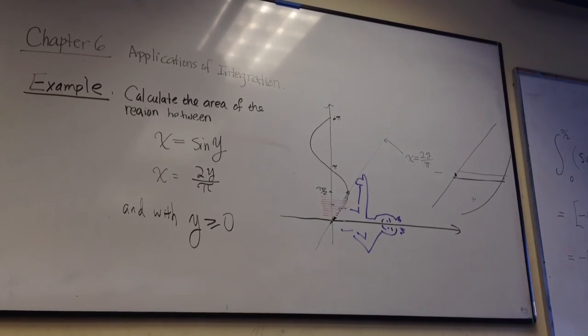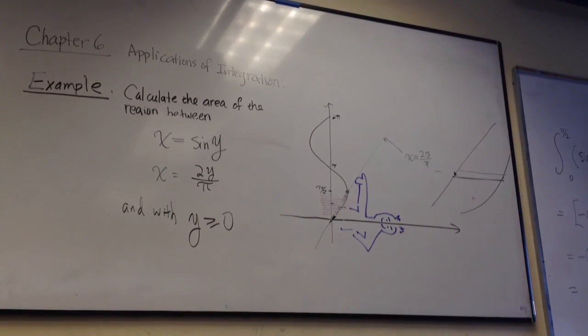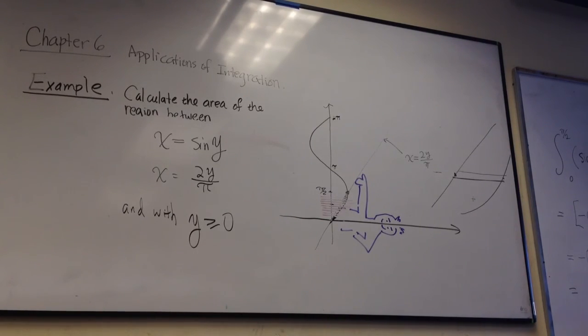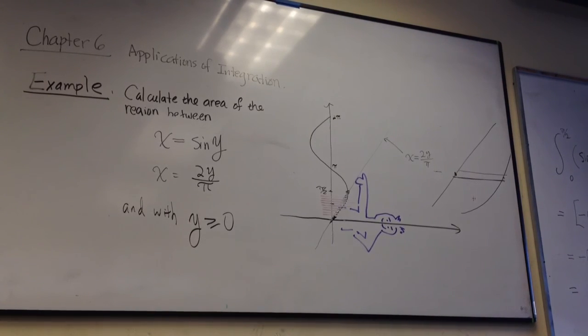Right? So I'm done. The answer therefore is 1 minus pi over, wait a minute. Oh, pi over 4, sorry. I was pausing, and how could that be? Pi over 4, not pi over 2. Pi over 4. And that's the answer.